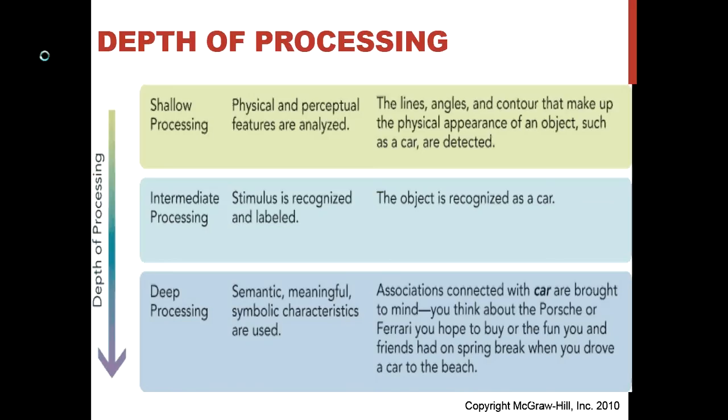I want to learn how do these different things interact. Is there something else in the atmosphere that causes the sky to be blue? That's when I'm going into deeper processing, okay? So I'm thinking about it in a much more meaningful way, as opposed to, what color is the sky? Oh, it's blue, okay? So depth of processing is going to be important, and the deeper your processing is, the better that memory is going to be encoded.